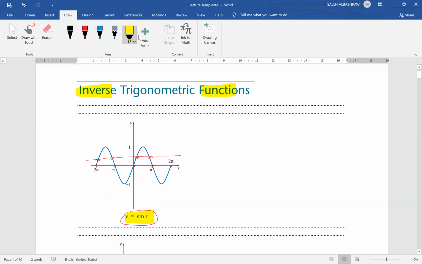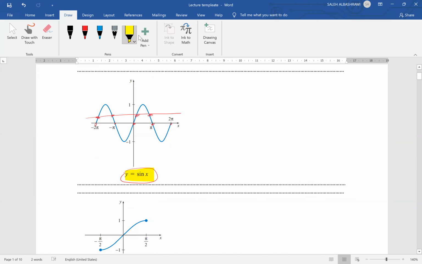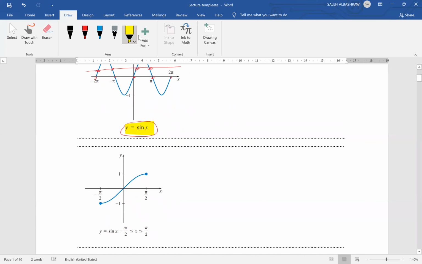y equal to sine x. Now to make it one-to-one, we are going to use this part of the domain of the sine function, from minus pi over 2 to pi over 2. On this interval, when x is between minus pi over 2 and pi over 2, the sine function is one-to-one.